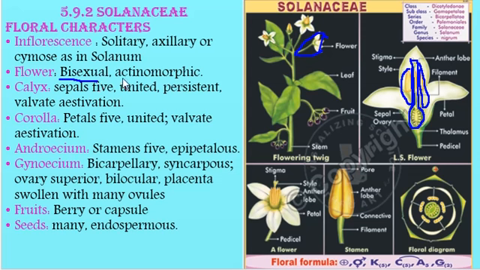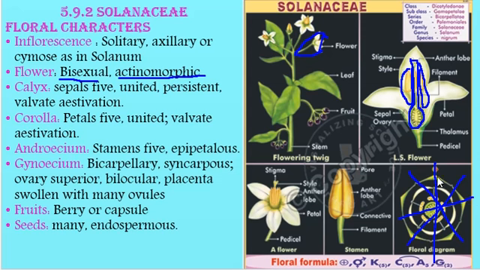Then actinomorphic. What do you mean by actinomorphic flowers? Here we can cut the flower into two equal halves in more than one vertical plane passing through the center. In the floral diagram it is very clear. This is the mother axis and this is the bract side. Here bract is absent. We can cut this flower into two equal halves in this axis also, in this axis also, and also in this axis.